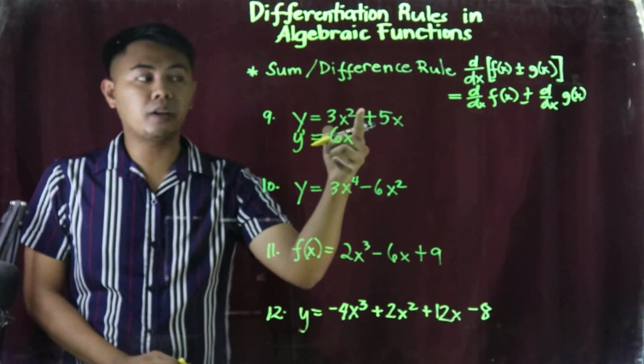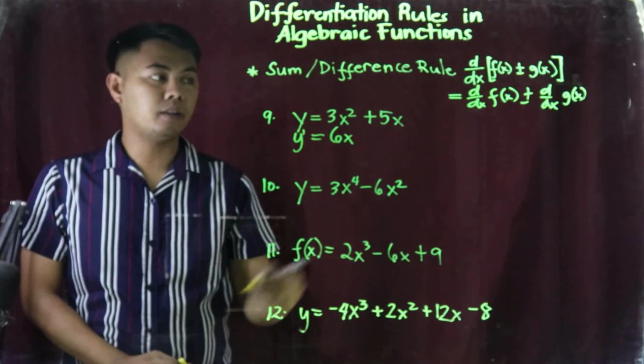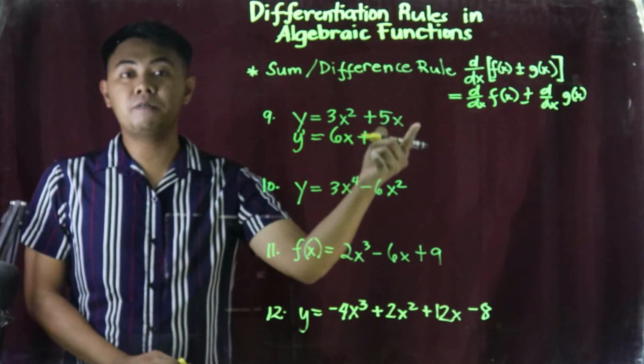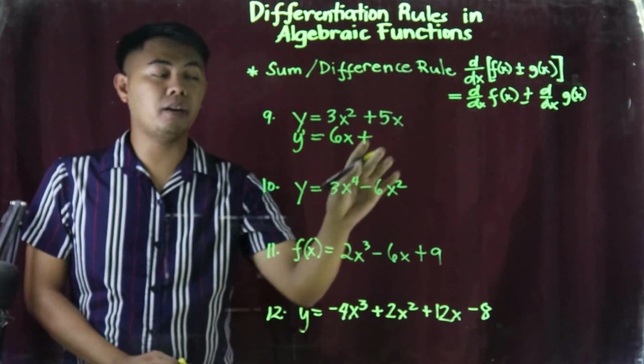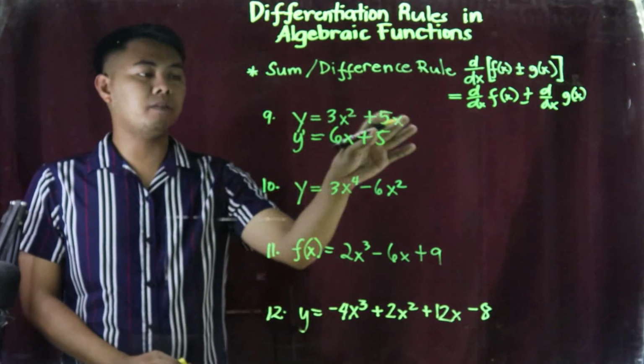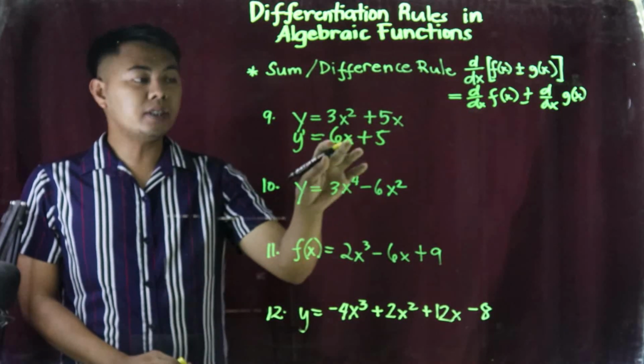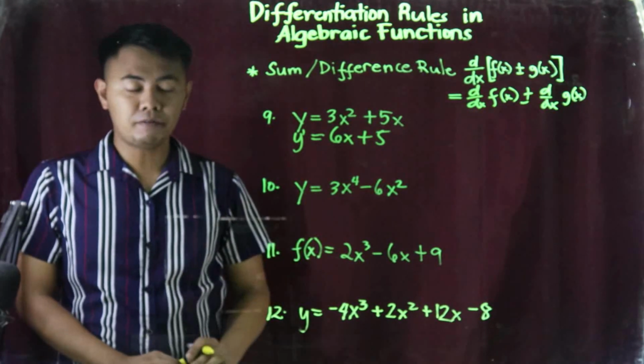Subtract 1 from the exponent, so 2 minus 1 is 1. Plus the derivative of 5x, simply remove the x, so the derivative of 5x is 5. So the derivative of 3x squared plus 5x is 6x plus 5.